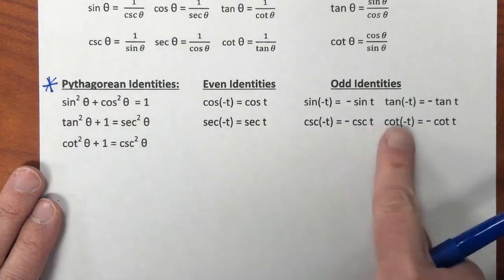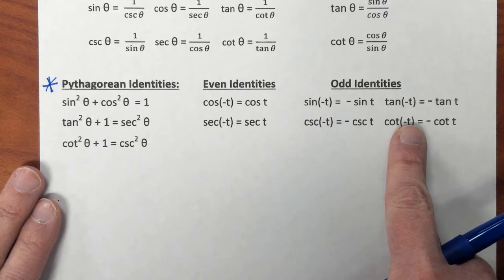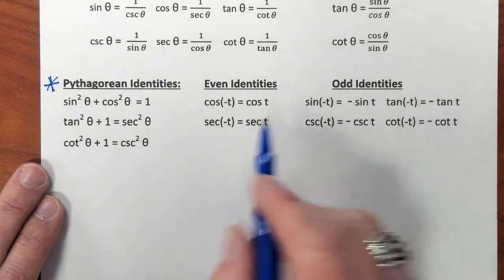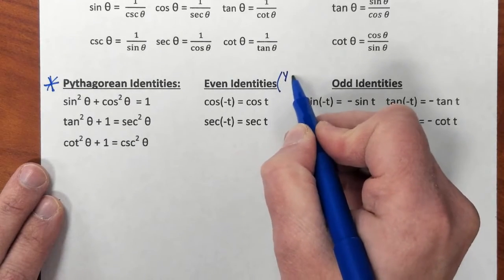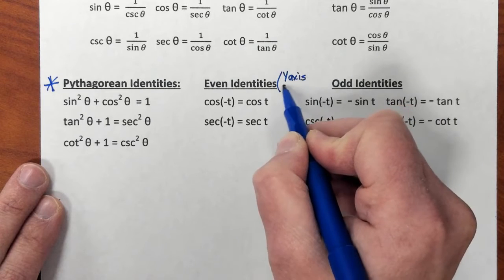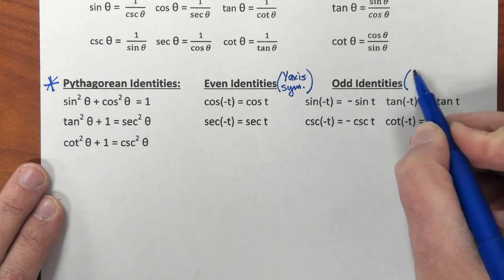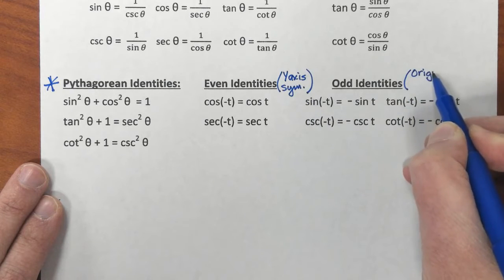And even the even identities and the odd identities, you've done these before. Remember, when we have even identities, they have y-axis symmetry, and the odd identities have origin symmetry.